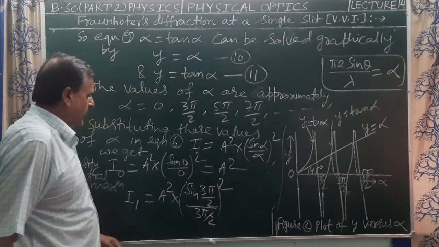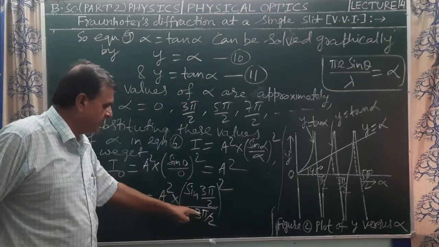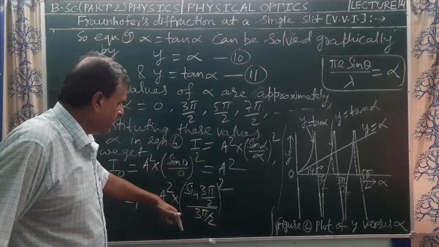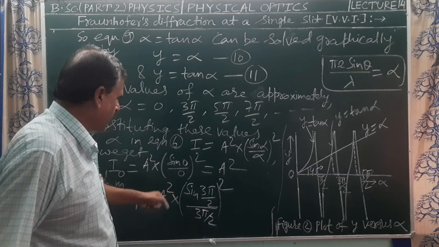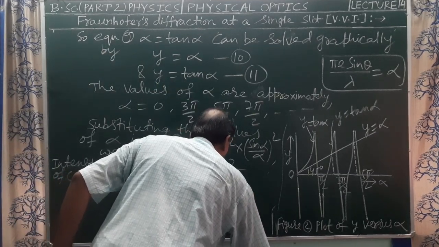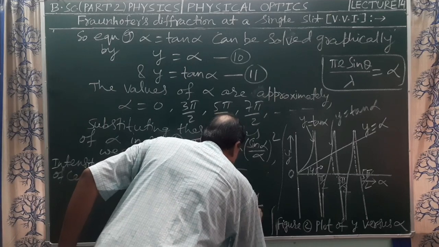Sin 3 pi by 2 is 1, and 3 pi by 2 square is 9 pi square upon 4, so it will be A square multiplied by 4 upon 9 pi square.